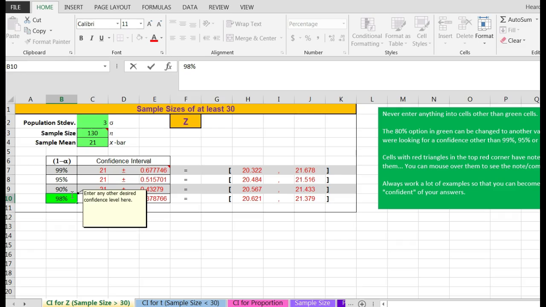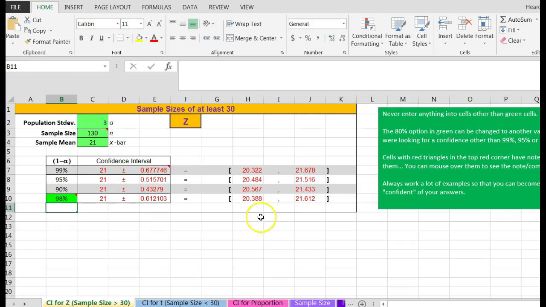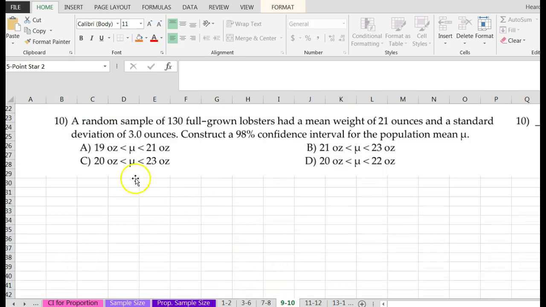Hit enter and yell bazinga. Here it is. Let's round this to 1 decimal place. 20.4 to 21.6.